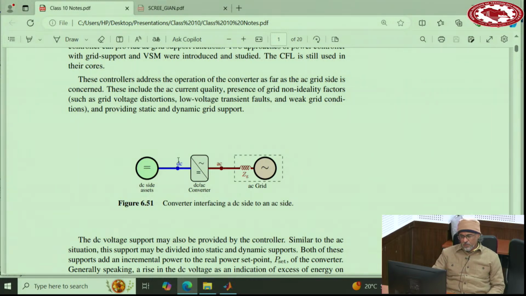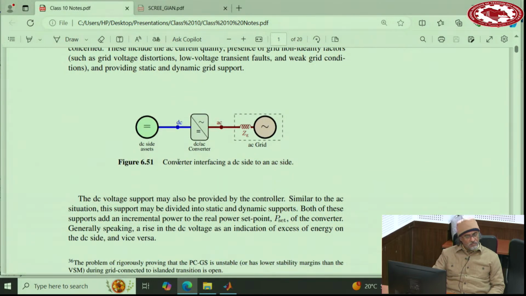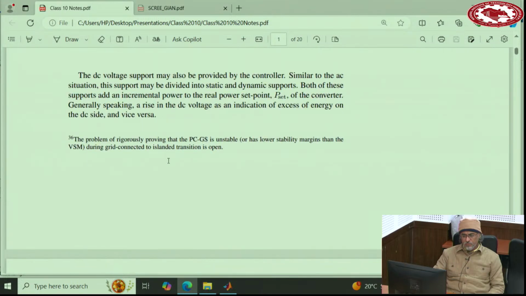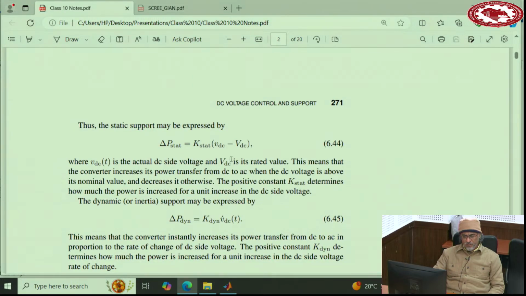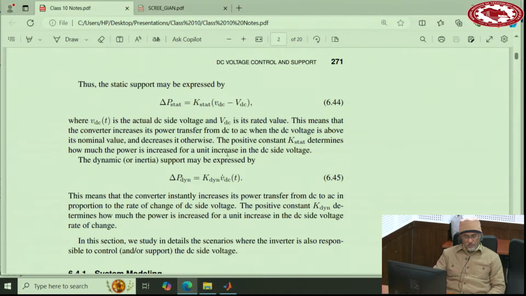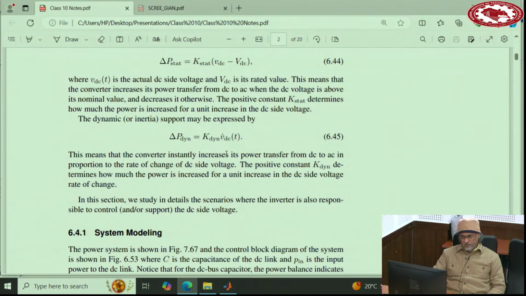If you look at the support, again, you can define two types of support, static support and dynamic support. The static support is proportional to the offset of the voltage around its rated value, and dynamic support is proportional to rate of change of the voltage.